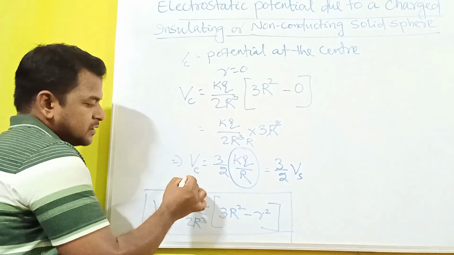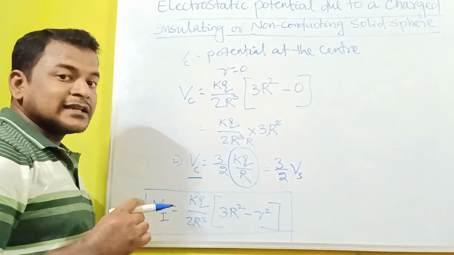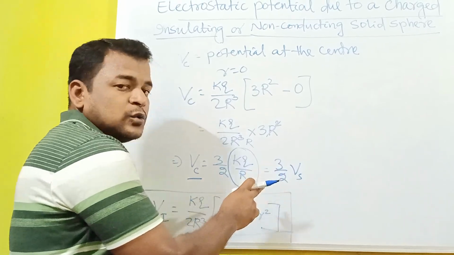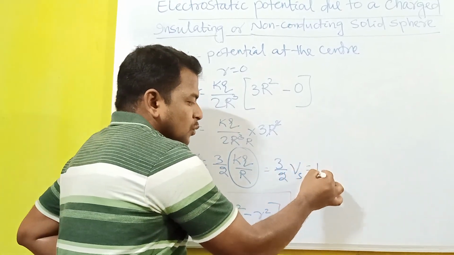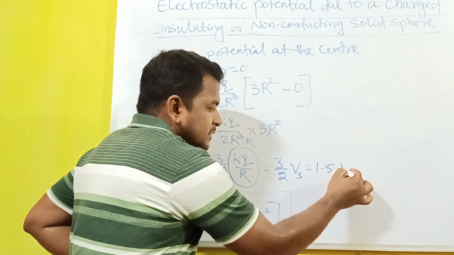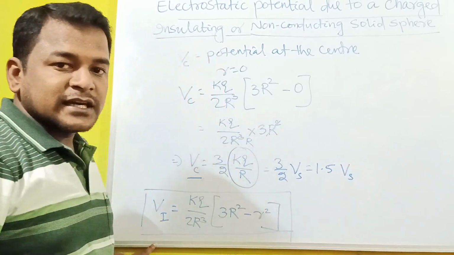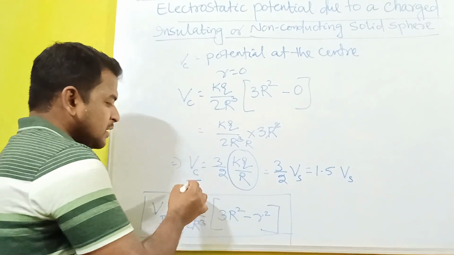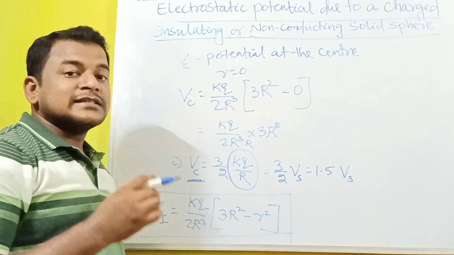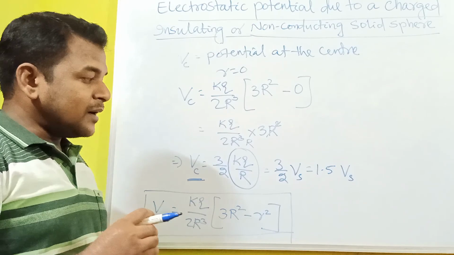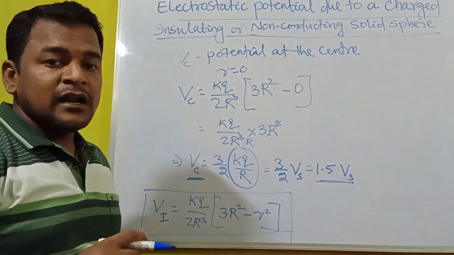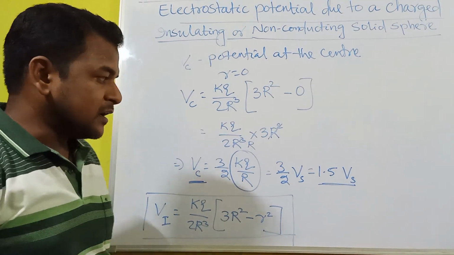That means, look here, potential at the center of the sphere is 3 by 2 times, that means 1.5 times the potential on the surface. Clear? Potential at the center of the sphere is 1.5 times that of the potential on the surface. Clear?